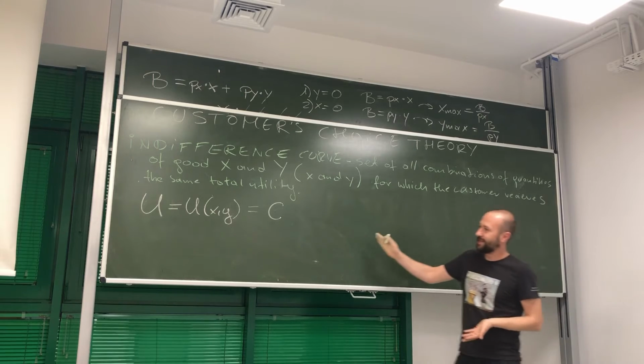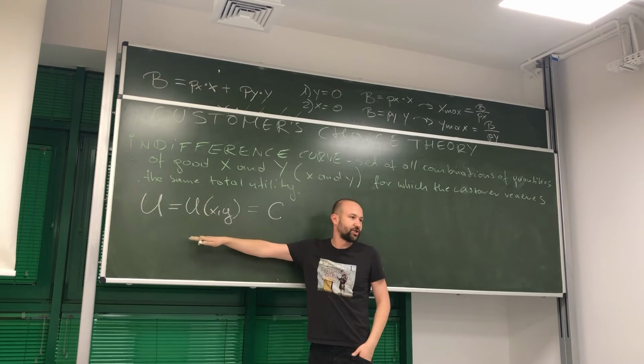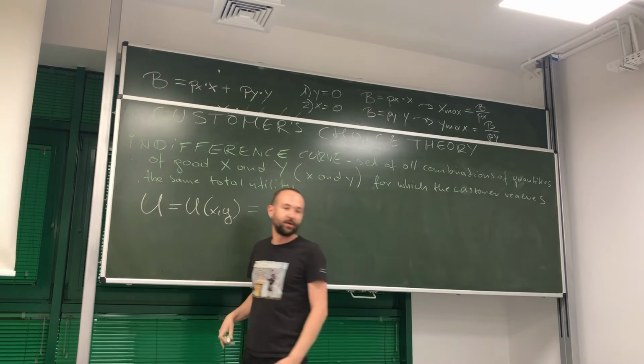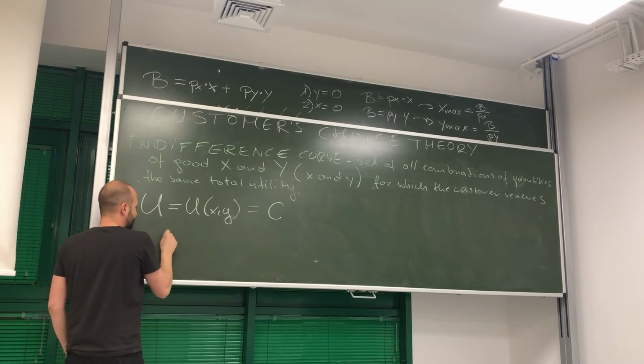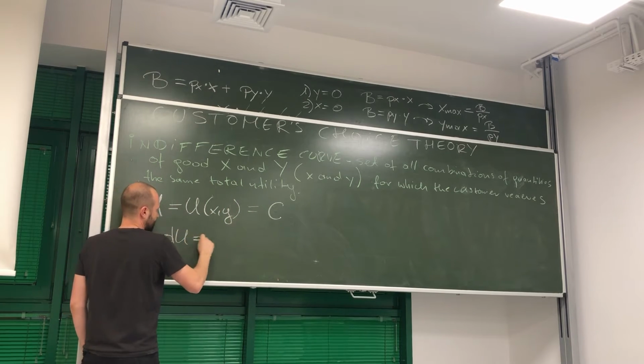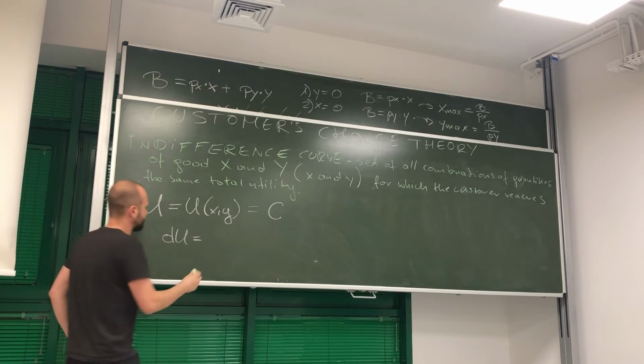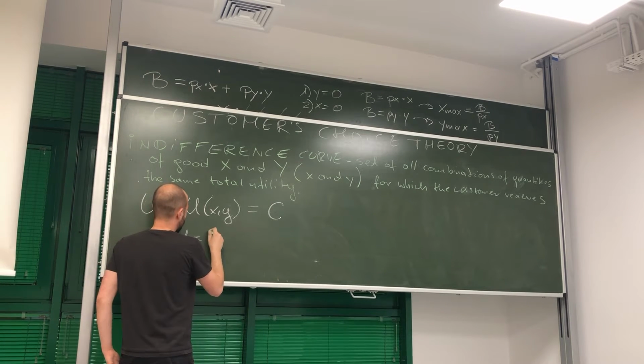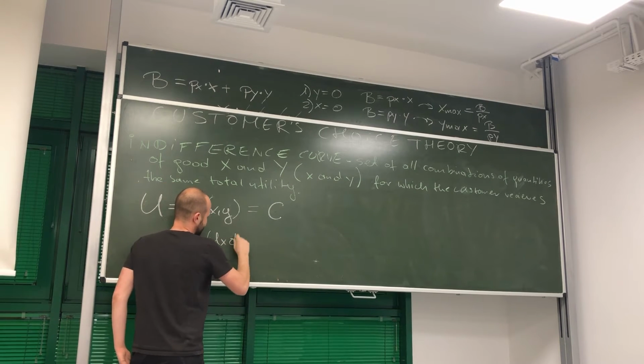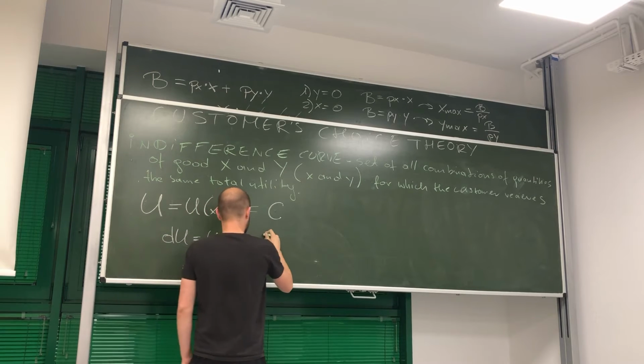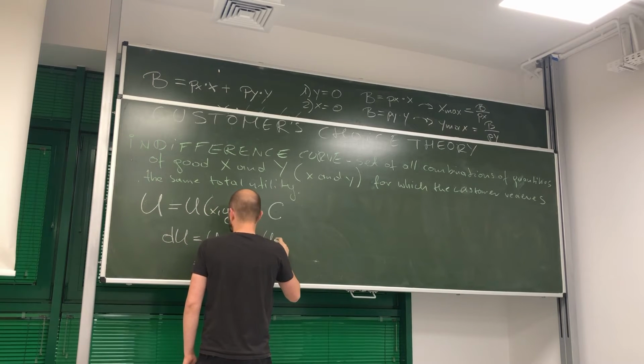Well, look, now what I can do is to differentiate this equation. Calculate a differential, right? So we will have dU, which will be equal to Ux dx plus Uy dy.